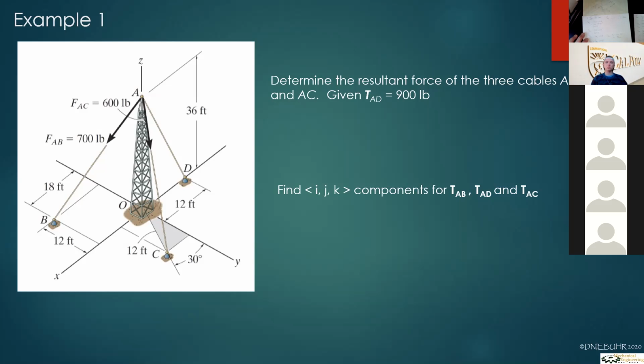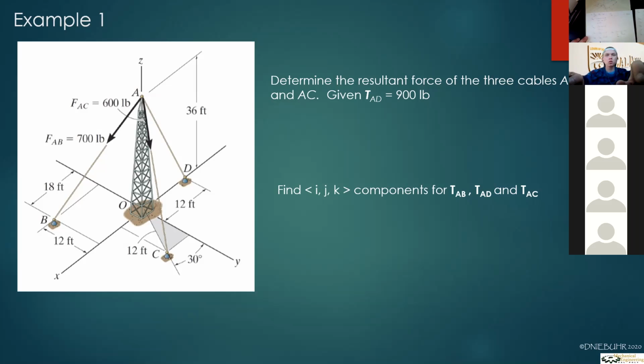So either one works. As we get later into later chapters, we'll probably use ratios more often just because they're quicker. But again, if you prefer angles, you can always convert to an angle and then convert back to a ratio. So when we do this, we end up with this value equal to 300 pounds.